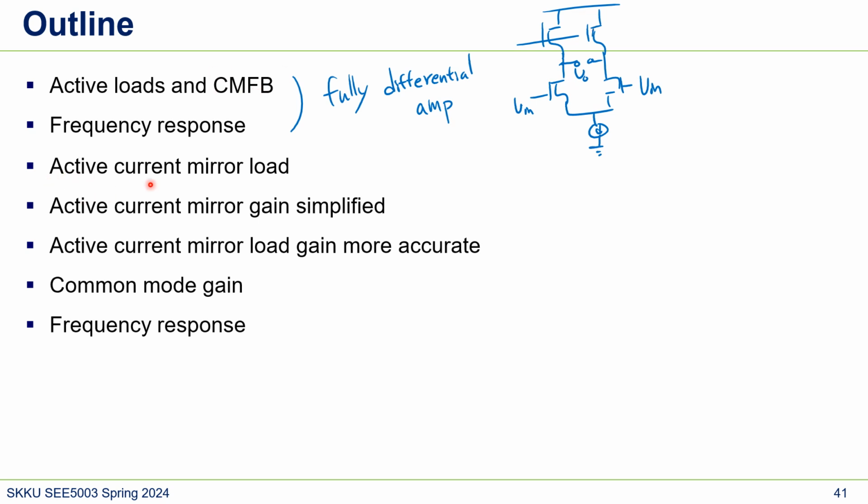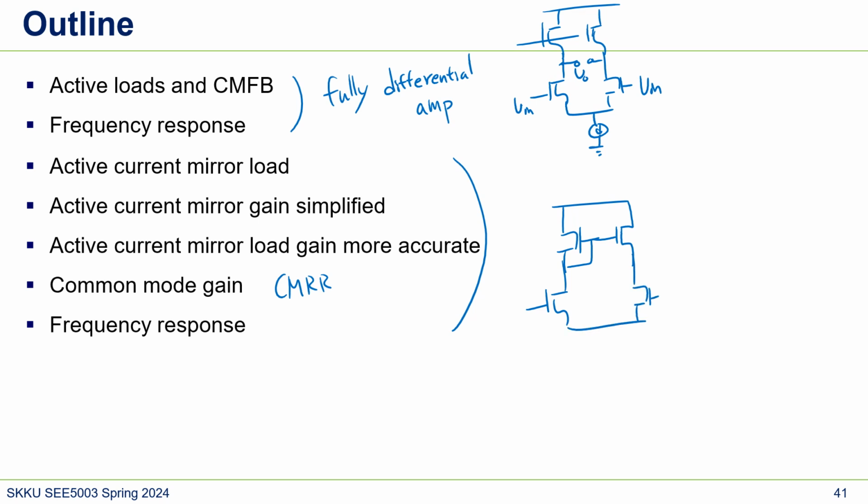Also we learned about the active current mirror load, and its gain, and we calculated the gain in a little more accurate way. And then we also learned about common mode gain, and CMRR, and we calculated the frequency response. So this amplifier, the input is still differential, but the output is single-ended.